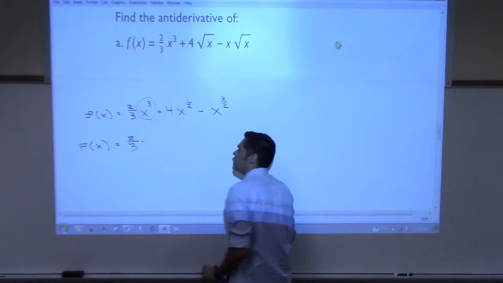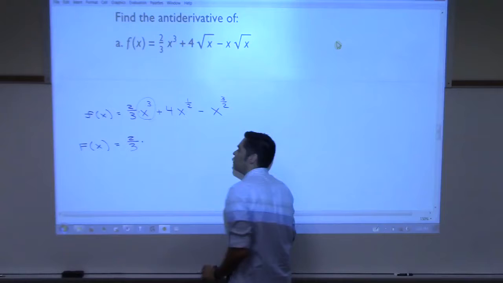So we'll start with a visual example just to get us thinking. Let's take a look at the function f of x equals 2x, little f. If I graph that, it's a line, right?